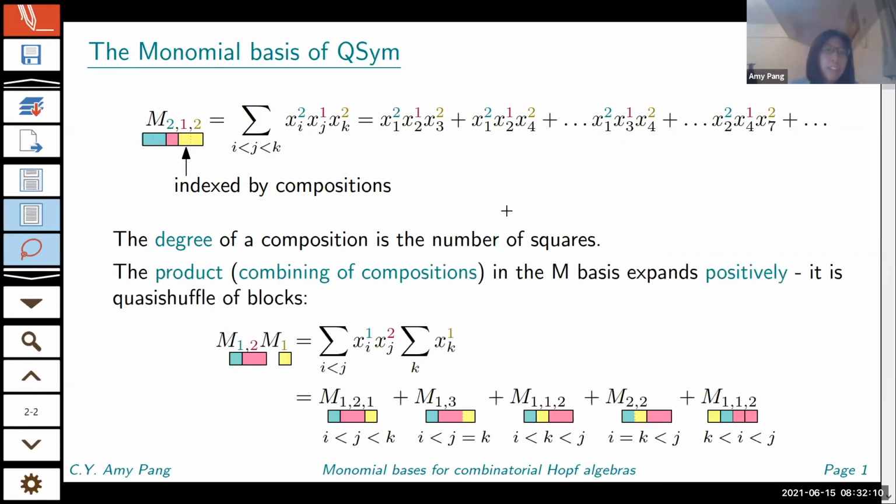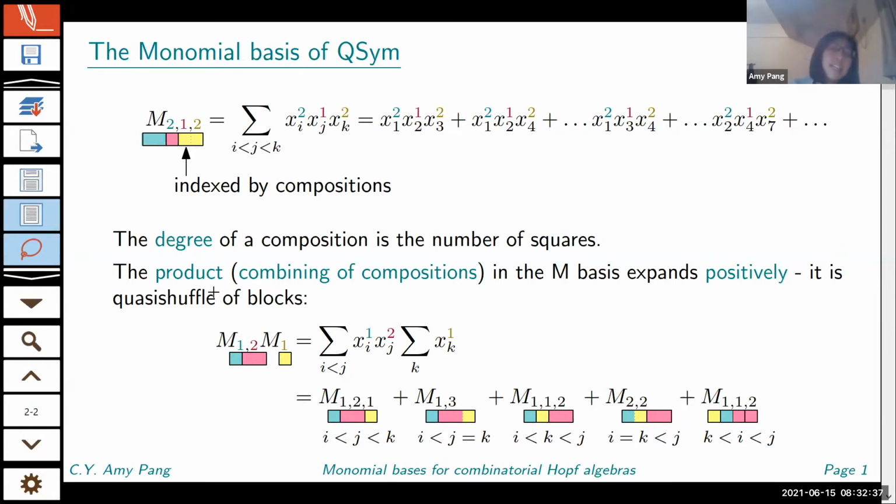Okay, so let's look at the product in the monomial basis, and actually the exact formula is not going to be important. The important thing is that it expands positively, meaning if you take a product of monomials, then you get a sum of monomials. So if you expand it in this basis, all the coefficients are positive integers.